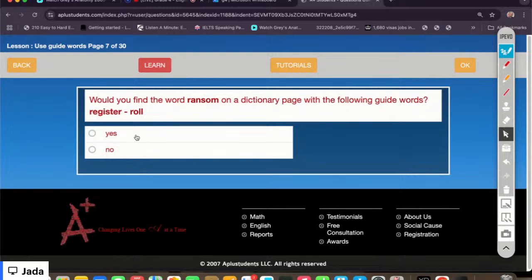So we have ransom, register, and roll. Can we find ransom in between register and roll?